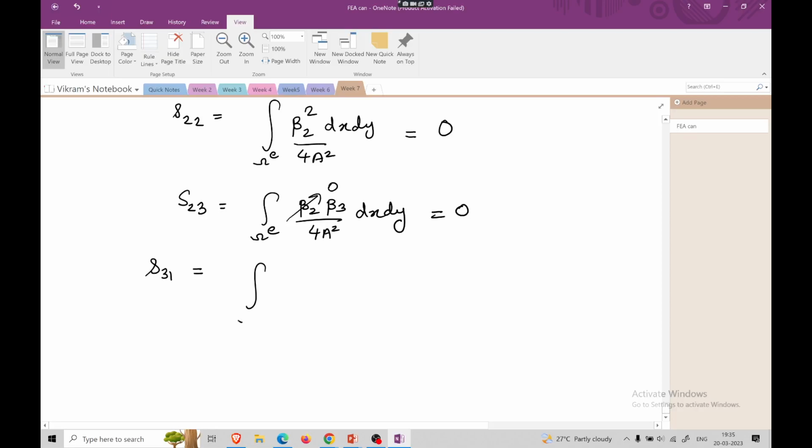So we have calculated the terms of this Sij 11. Then we have this Sij 22. The summation of these two matrices will be the stiffness matrix for the first element.